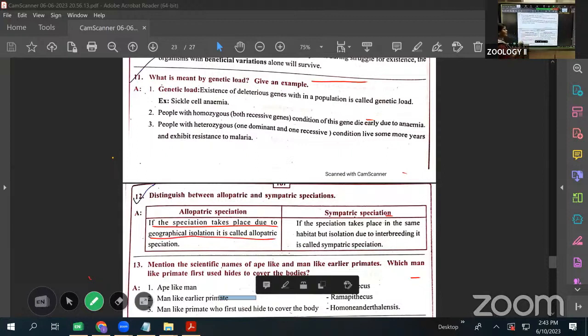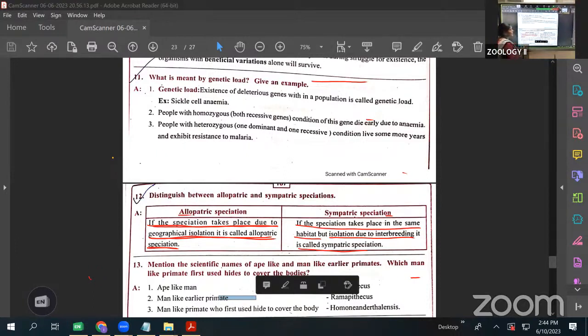The earth divides, and at that time they undergo division, that we call allopatric speciation. Next, if the speciation takes place in the same habitat, but the isolation is due to reproductive, interbreeding barriers, they are separated, that we call sympatric species. The formation of species is called speciation.